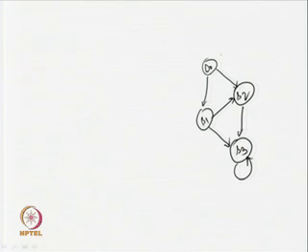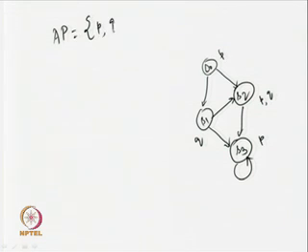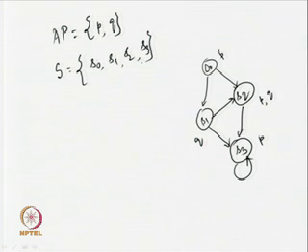So, this is a Kripke structure, with say P, Q. Now, you just see that in this state transition system, or Kripke structure, the set of atomic propositions is P and Q, and it has 4 states. S has 4 states, S0, S1, S2, S3. Okay. And these are labeled with the atomic propositions.